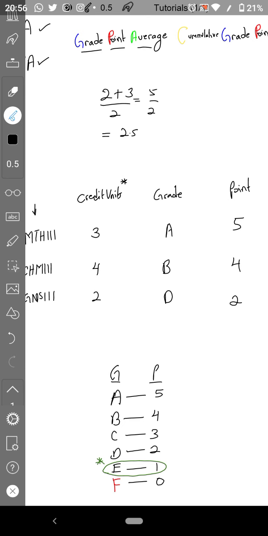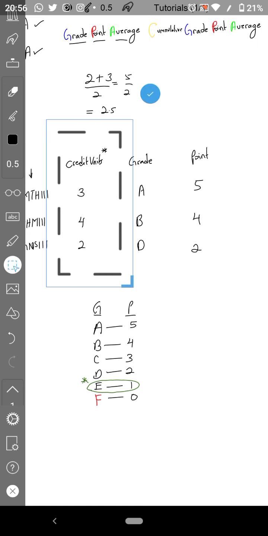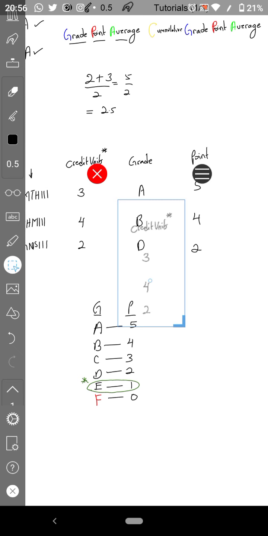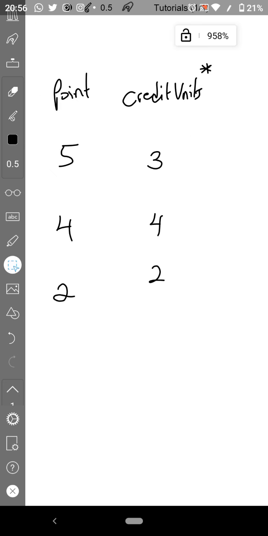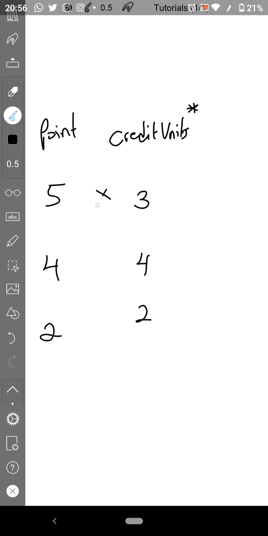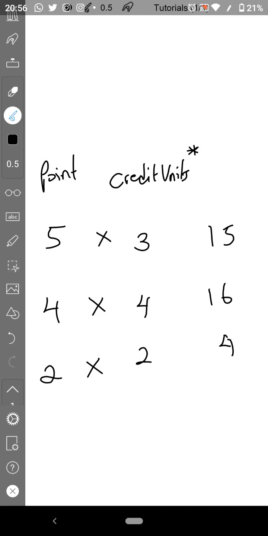You're going to take the units and multiply it with the point. So I'm going to copy this quickly. Duplicate. I'm going to put it right here, and I will try to multiply it. So 5 times 3, that's 15. 4 times 4, that's 16. 2 times 2, that's 4. Sorry. So this is the multiplication between your point and units.